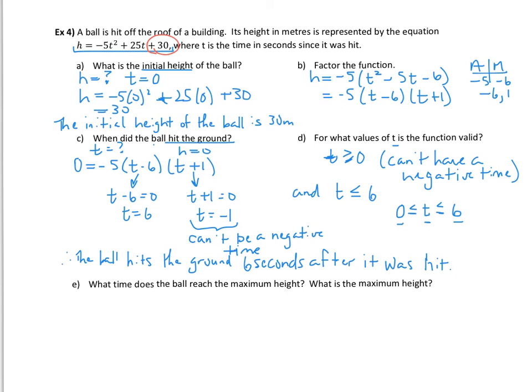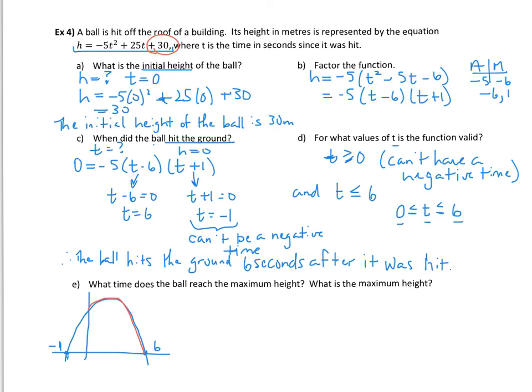All right, the last one here, when does the ball reach the maximum height? So graphically, we know parabolas are symmetrical, and we have the zeros theoretically at -1, although that doesn't make sense for context, and again at 6. So in theory, our parabola would look like this. Again, we only really want to look at the part of the parabola right here up until this point.